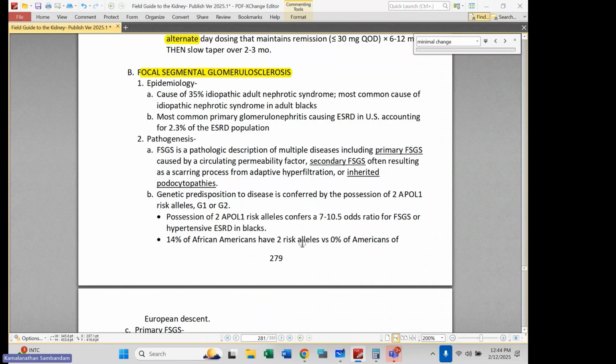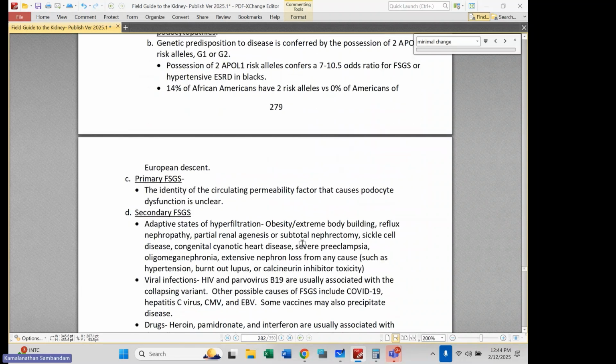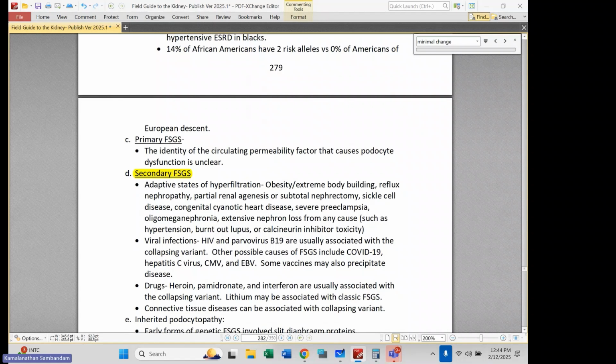And there's multiple different ways you can manifest FSGS. In general, we use one label where we call it adaptive FSGS, okay? This might encapsulate one dimension of secondary FSGS, okay, where the kidney is adapting to a hyperfiltration demand that is asked of it.